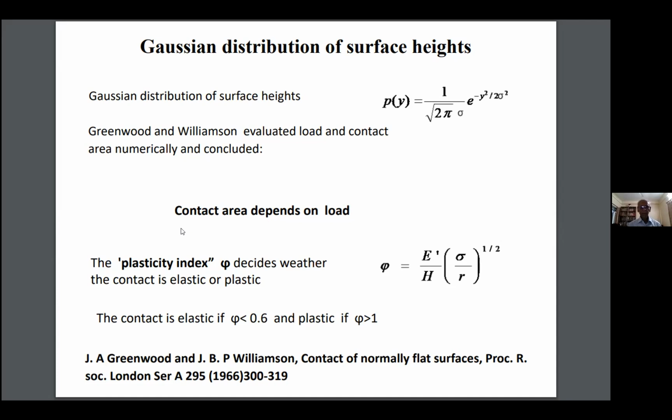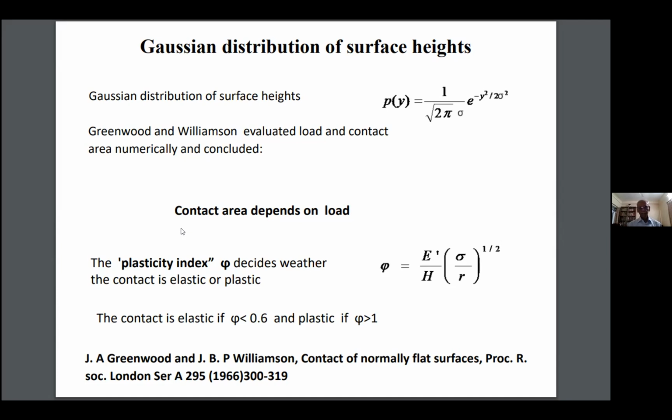Because when we have two curved bodies or spherical bodies in contact, we can say whether they are elastic or plastic depending on the load and the material parameters, because that's easy. We can plot the load against the deformation, and we can see where it deviates, and we can say whether it is elastic or plastic.